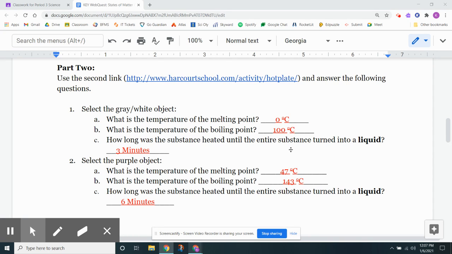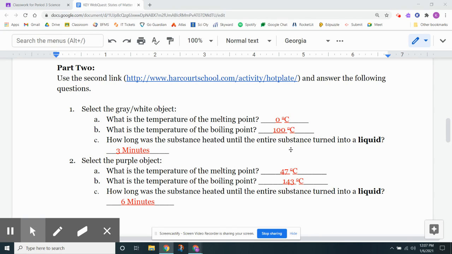It showed you the temperature of when things started to melt, when steam started to appear, and it also created a phase change graph for each of those substances. And you could look and see how they were different depending on what substance you were looking at. So we're going to look more at phase change graphs later this week, but that's what the main focus of part 2 was.